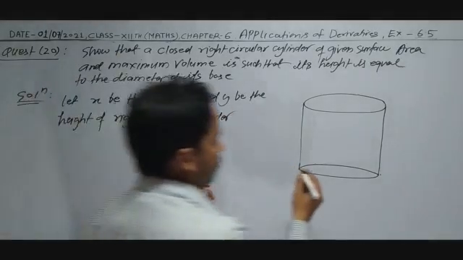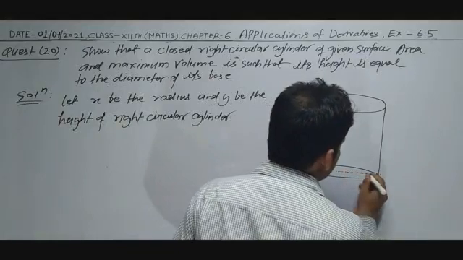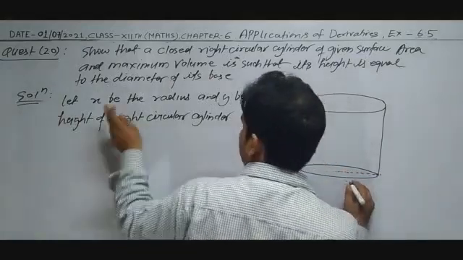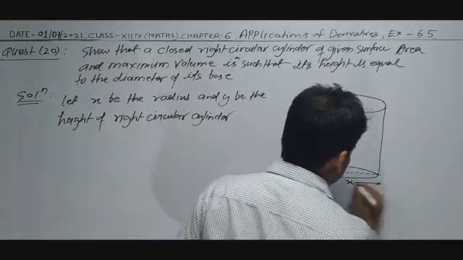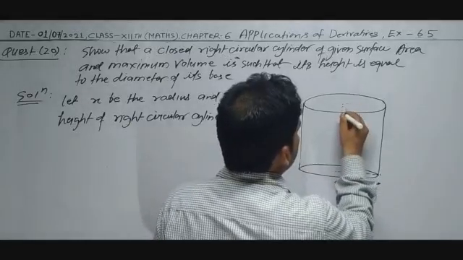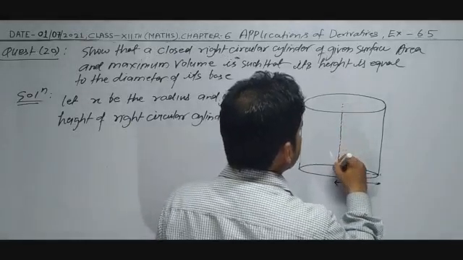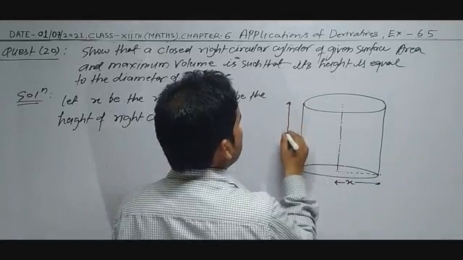Suppose this is a circular cylinder, the radius is small x and its height is small y.